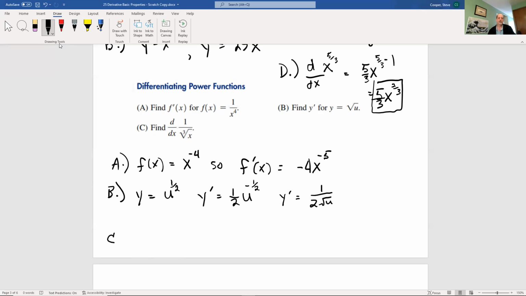All right, and then lastly, the C option, I'm going to rewrite this as x to the negative 1/3 power. That's the same thing as 1 over the cubed root of x.